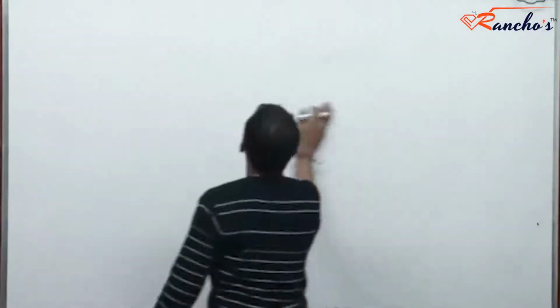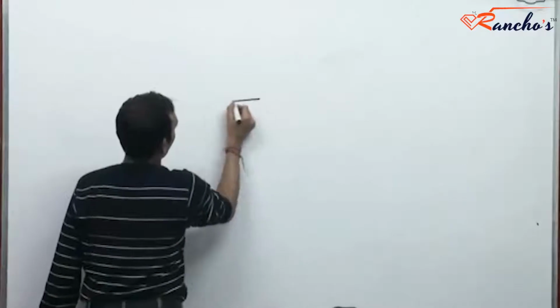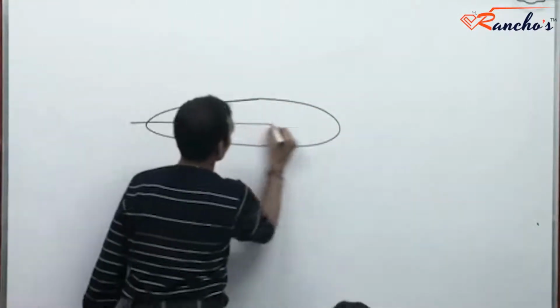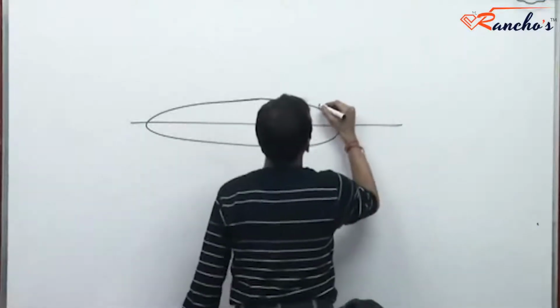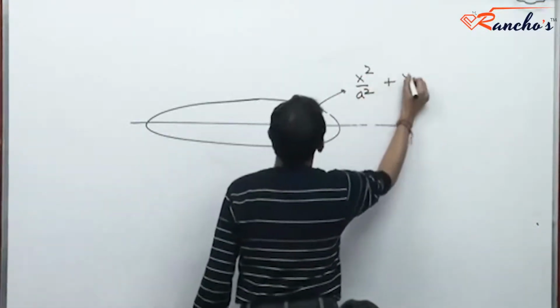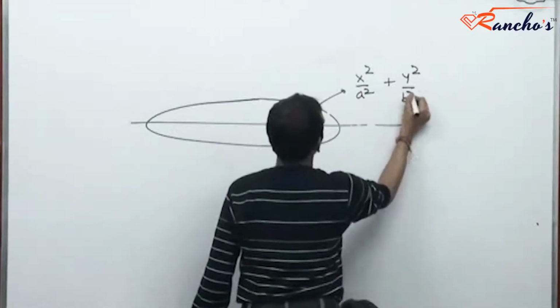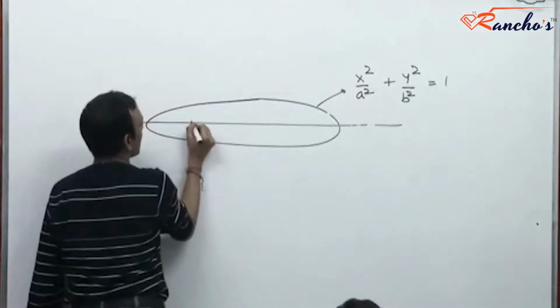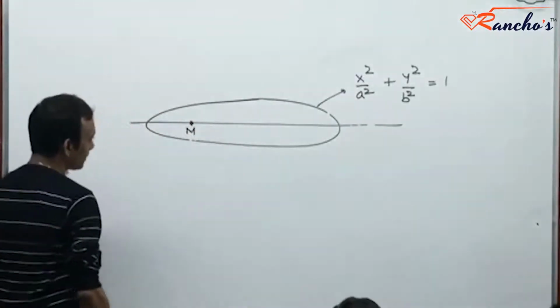Now, once we understand this, let's say this is an elliptic path described by a particle given as x squared by a squared plus y squared by b squared equal to 1, with another gravitating mass capital M at one of the foci.